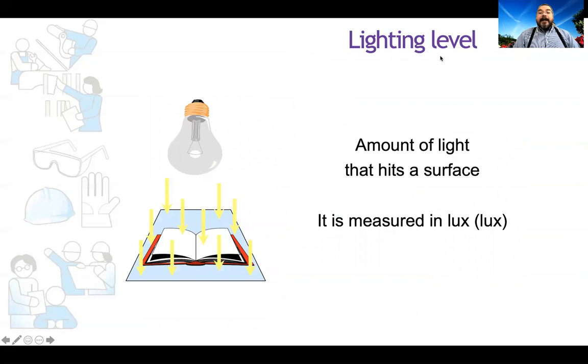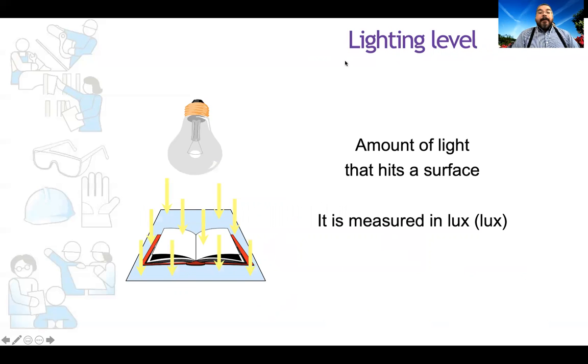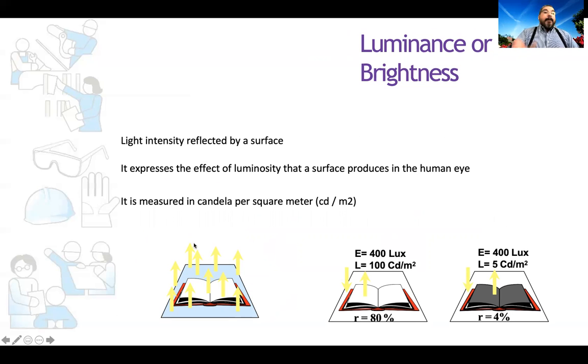We must mind the lighting level, the amount of light that hits the surface, and it is measured in luxes. We must also consider luminance and brightness, that is the light that is reflected from the surface. So lighting level is the amount of light that hits the surface, and luminance is the amount of light that the surface gives you back.